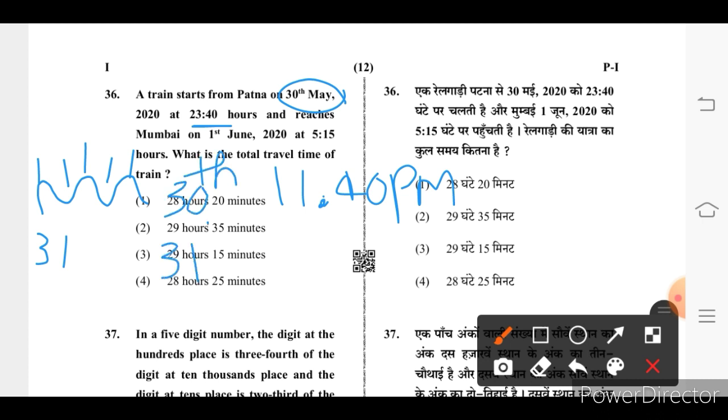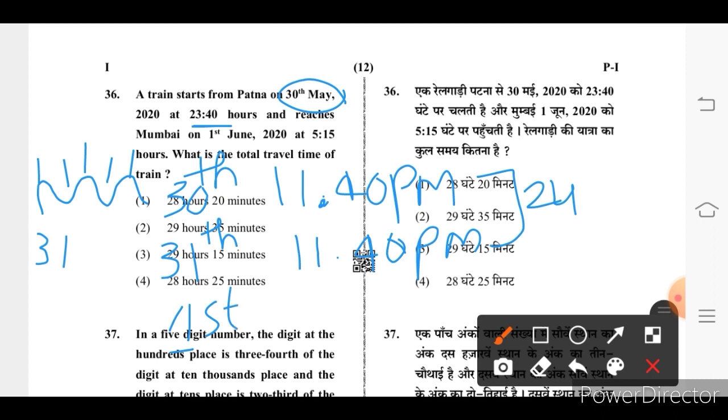On 31st May again 11:40 p.m. From 13th May 11:40 p.m. to 31st May 11:40 p.m., 24 hours is completed. Then they asked 1st June. On 1st June, when it reached 5:15, what is the time between 11:40 and 5:15?